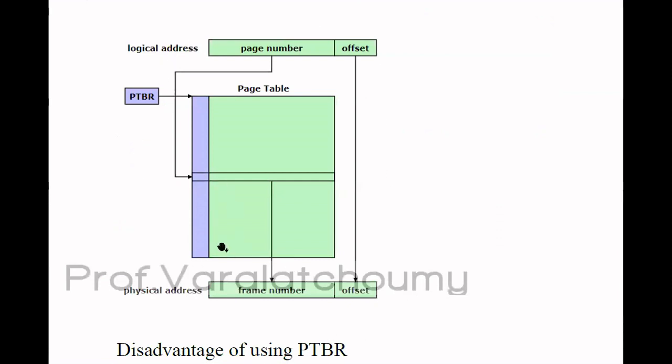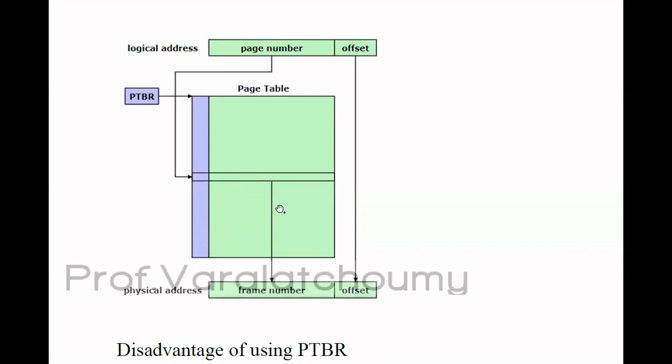If you see here, we have a page table, which stores a page number and its offset, and similarly a frame number and the offset. The page table has an entry for the page number and the frame number. As we all know, the logical address is a combination of page number and offset, and the physical address is a combination of frame number and offset.